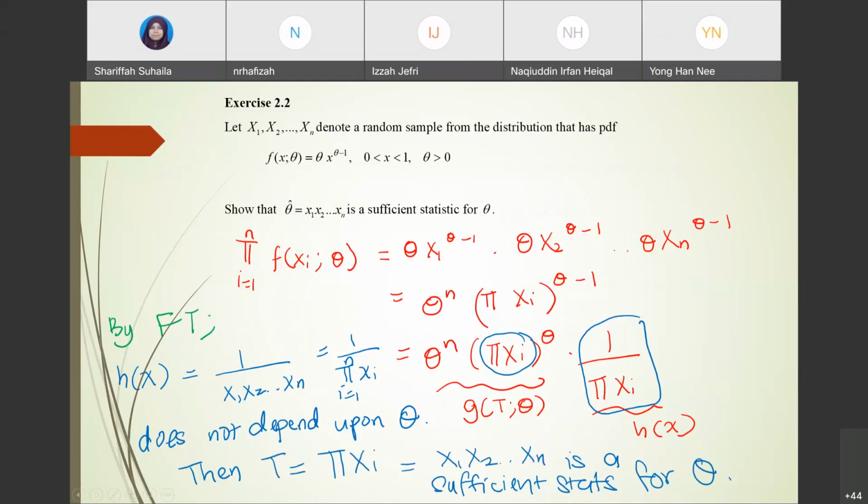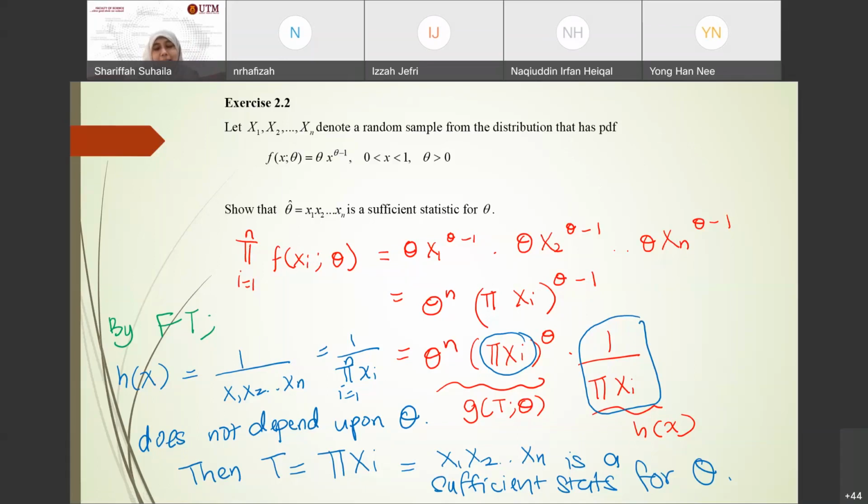That was using the factorization theorem. Any questions? So this method means you have the joint PDF and then you split into two parts.